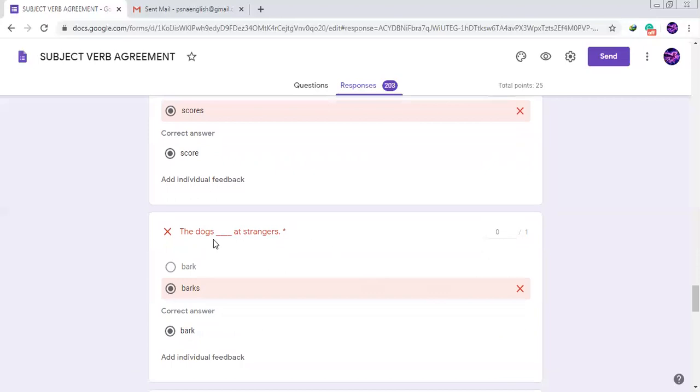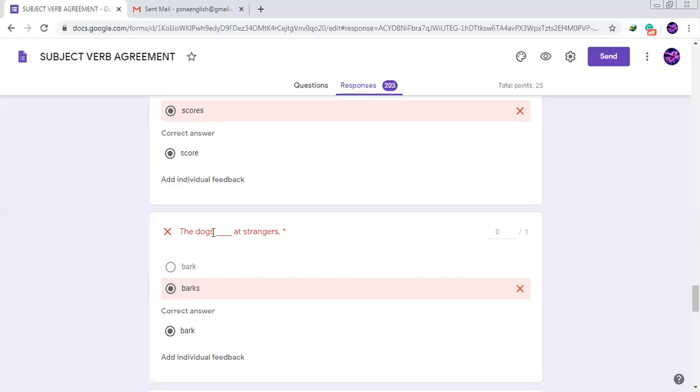Then, the dogs, dash, at strangers. The dogs is plural form. Am I right? The dogs, plural form. So, bark or barks? When you say dog, barks. When you say dogs, bark. When you have "s" in the subject, you don't have any "s" in the verb.